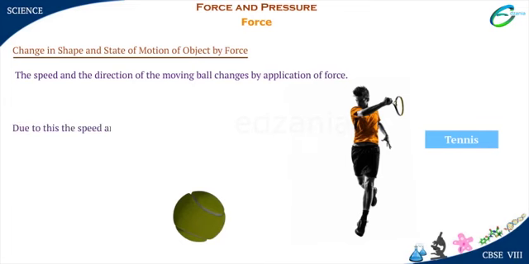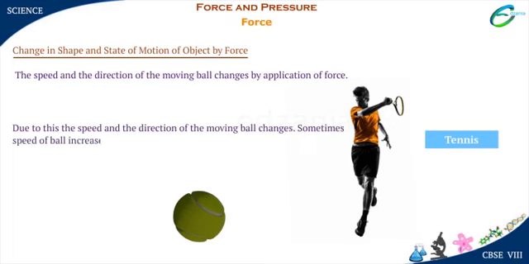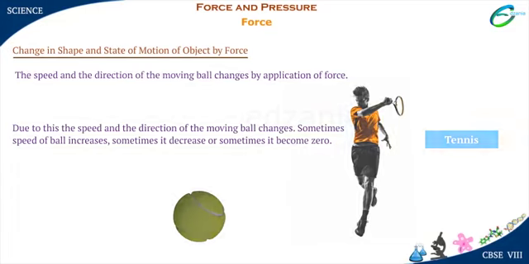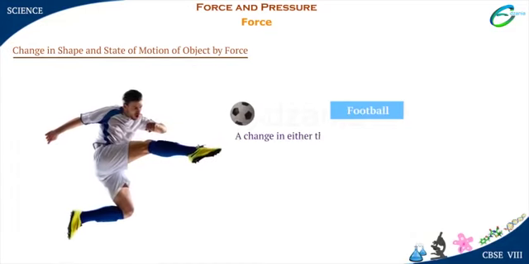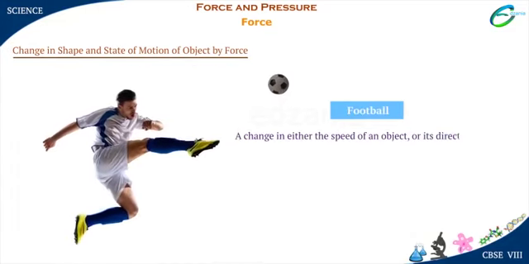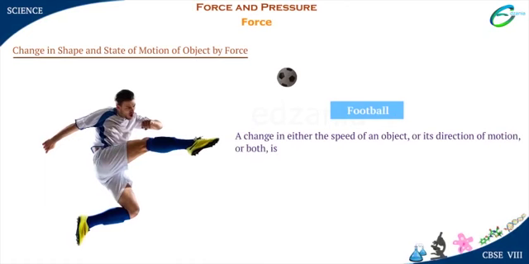Due to this, the speed and the direction of the moving ball change. Sometimes the speed of the ball increases, sometimes it decreases, or sometimes it becomes 0. A change in either the speed of an object or its direction of motion, or both, is described as a change in its state of motion.